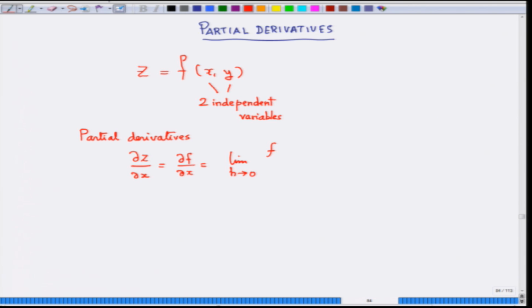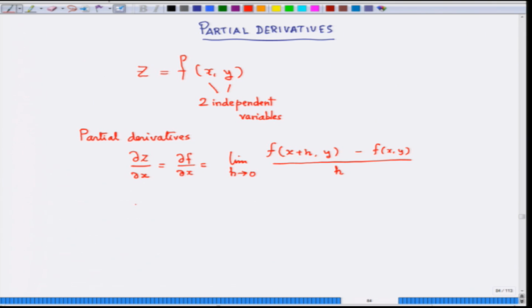Its differentiation with respect to x would be 0, of course. So, I only make an increment in the x variable and keep the y variable fixed. And this gives me what is called my partial derivative with respect to x.